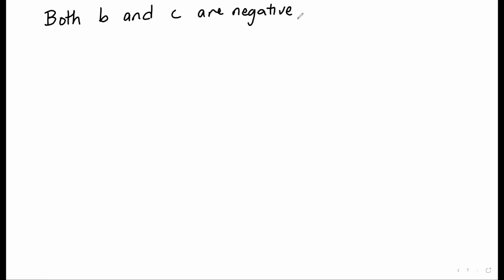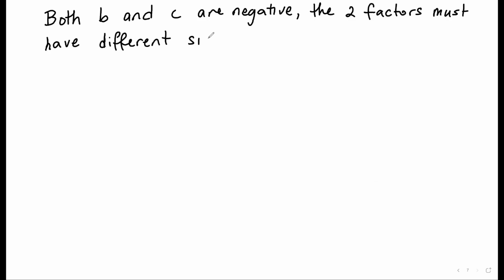Because again, the only way to get a negative C is if the two factors have different signs. The two factors will have different signs when C is negative. Two factors have the same signs when C is positive, meaning two positives or two negatives.